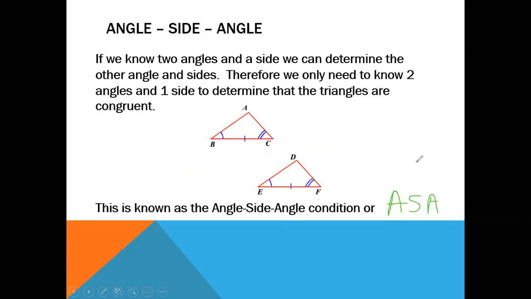Notice again that you have to pay attention to the order. In this case, the side is in between 2 angles. So the side that they marked has to be in between the 2 angles that they mark in order for the answer to be angle, side, angle. So you just follow along, angle, side, angle. Okay.